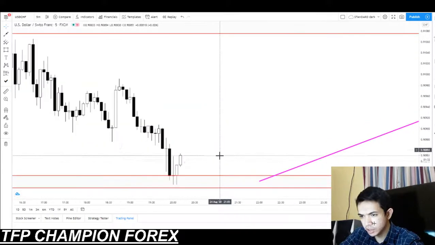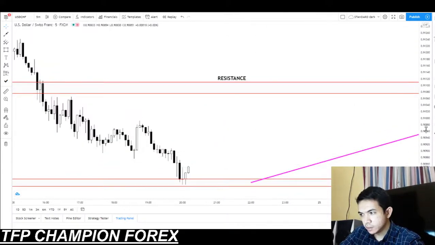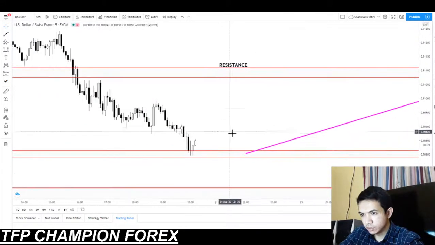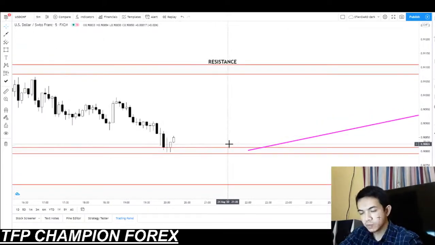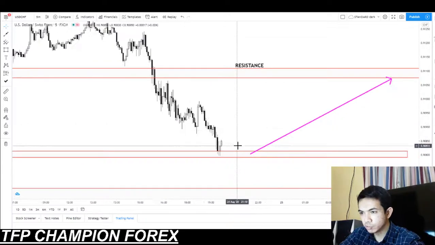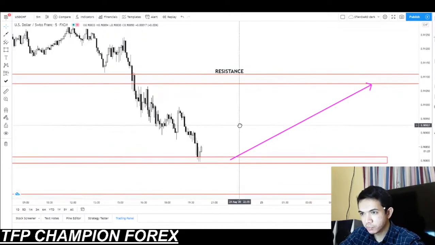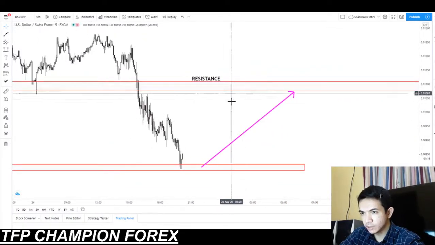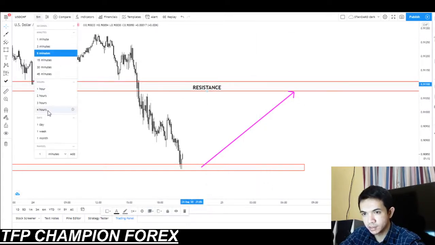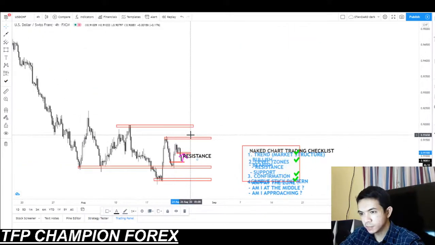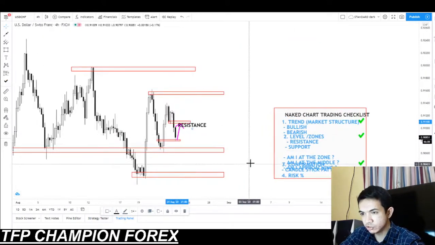So we can see here that currently there is really no confirmation yet that I'm looking for to buy this market going here, but I would expect the price to at least go back to this level for me to sell this market, since the overall market bias on the H4 is a downtrend.